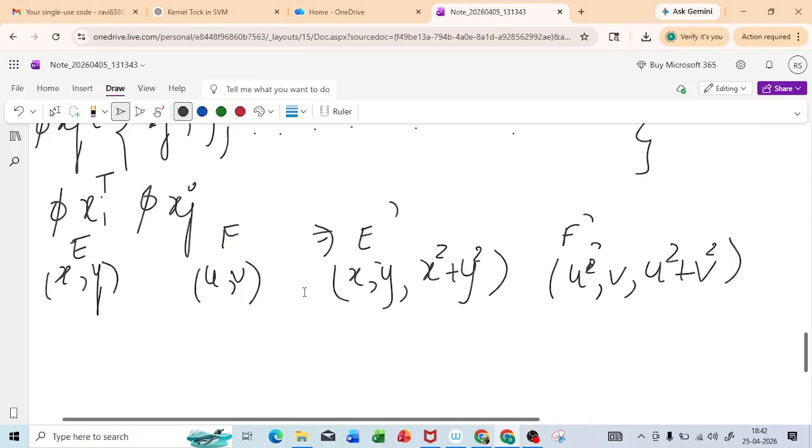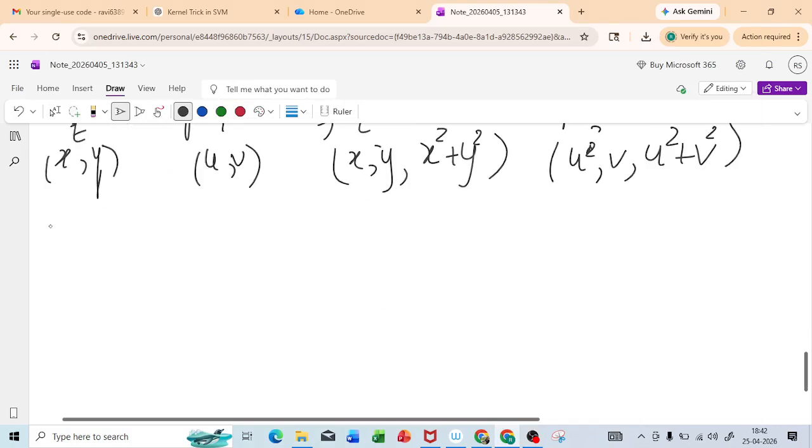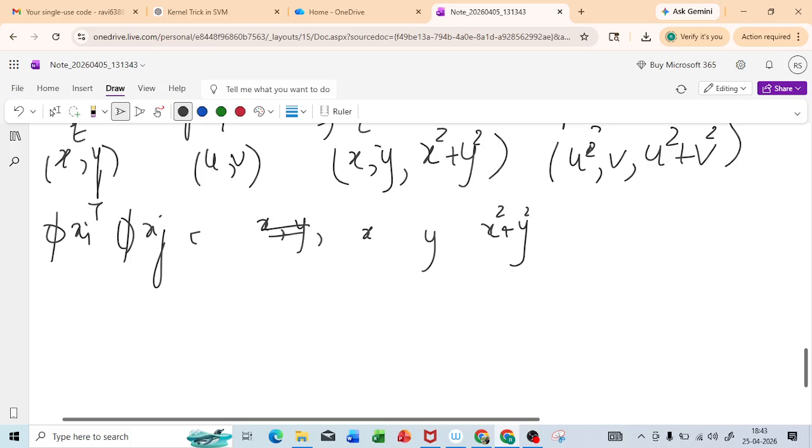They said that, okay, so what would be the end product of this, right? So if we are talking about phi xi transposed into phi xj, which is nothing but, over here, x, y, x square plus y square, okay, so we are writing in matrix form. So this is nothing but phi x, and then we are calculating the dot product of this with the other point.